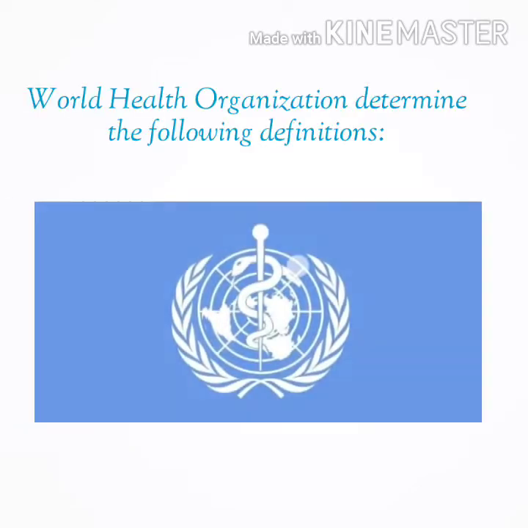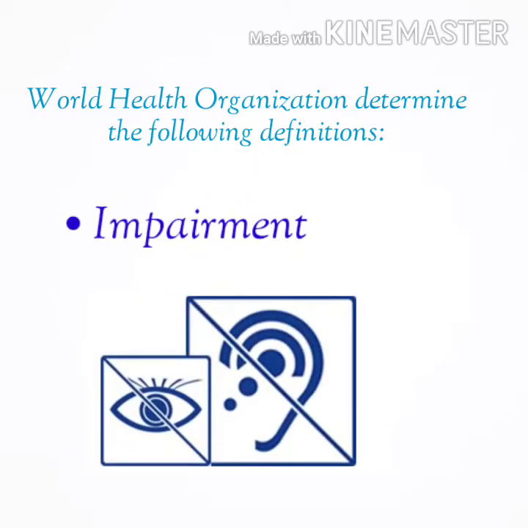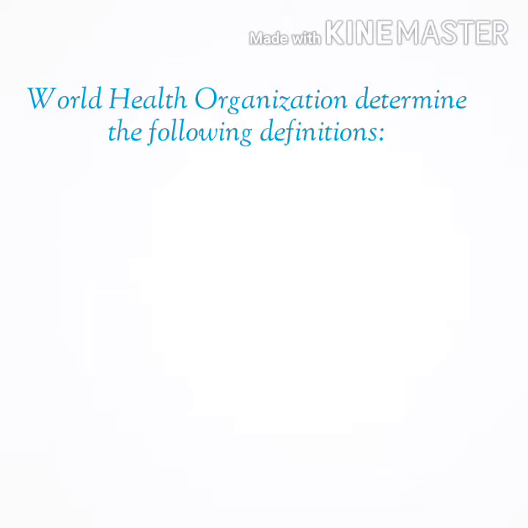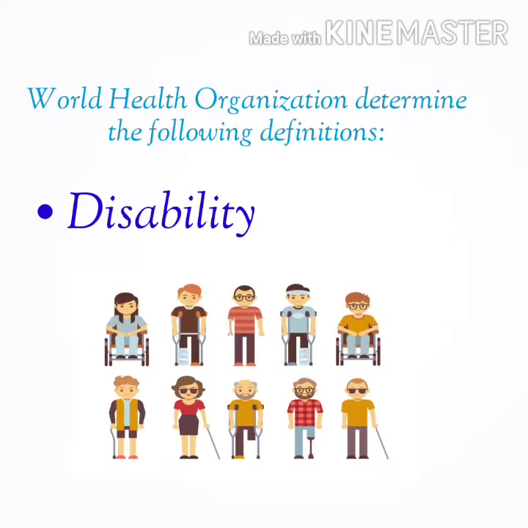So the World Health Organization determined the following definitions, which have been generally accepted throughout the world. So first is the impairment. It is an abnormality in the way organs or systems function. So an example of this is a medical condition. It could be an eye disease or a heart problem. The next is the disability, the functional consequence of an impairment.